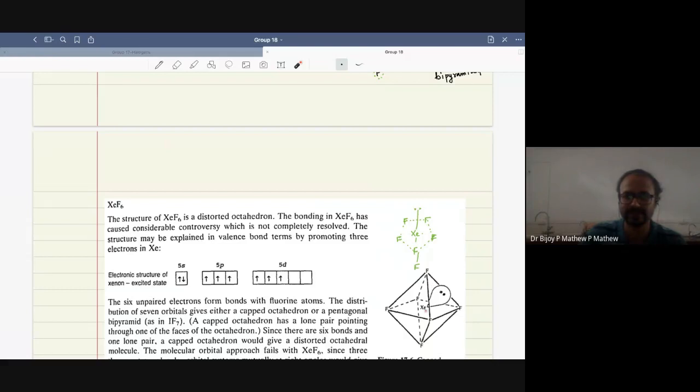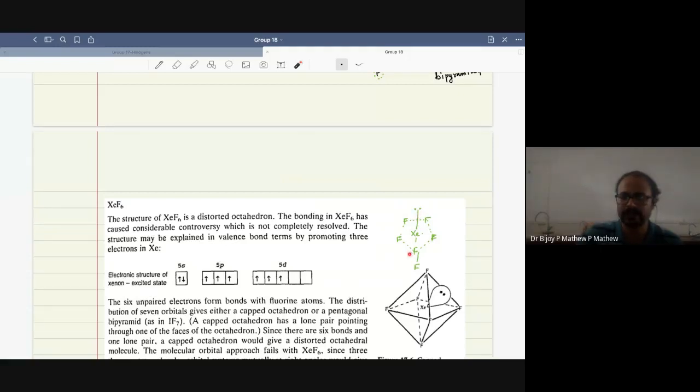This is an octahedron with all the fluorines, and because of this lone pair, it can be pointed on one of the faces, any one of the faces of the octahedron. So there are two possibilities because of the presence of the lone pair.